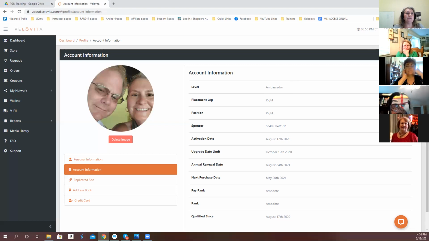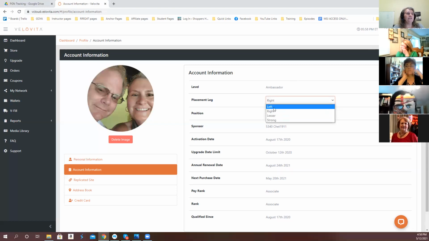And all I'm going to do is hit edit. You can either choose, it's easier to choose left or right versus lesser or strong. The reason for that is your left leg could easily be your strong leg.